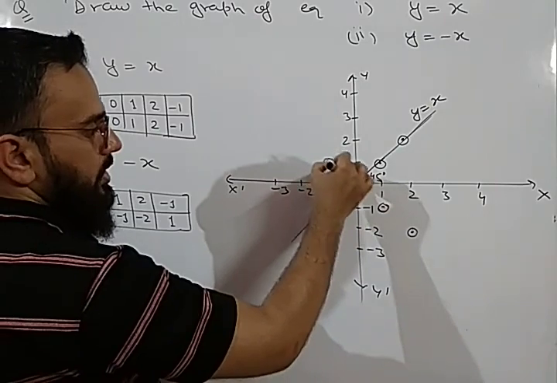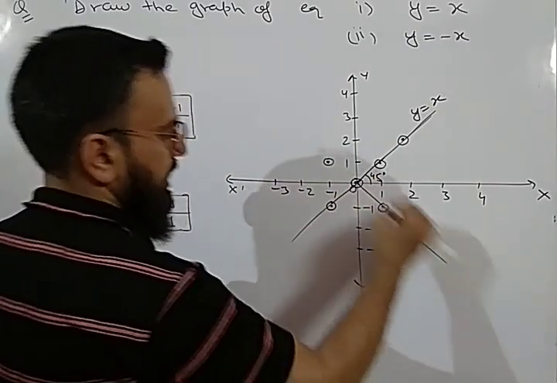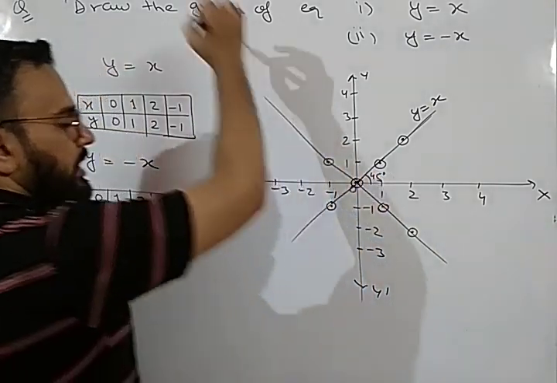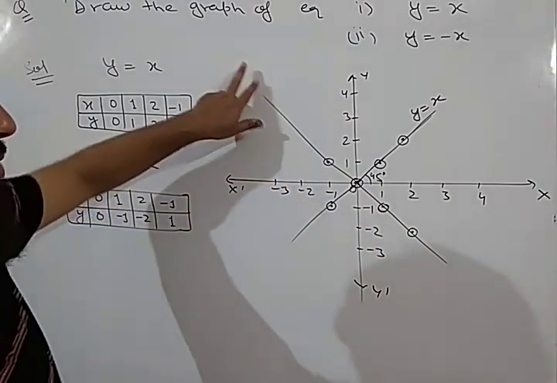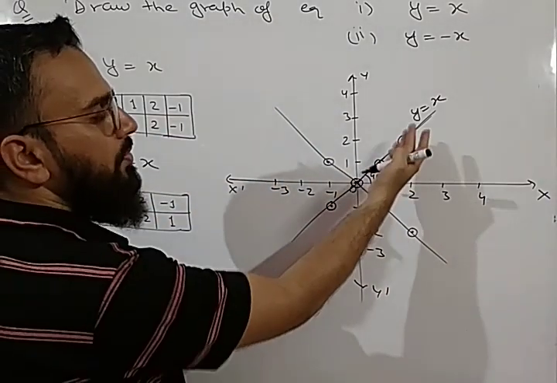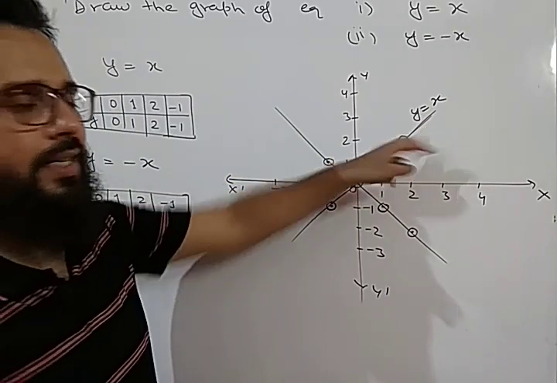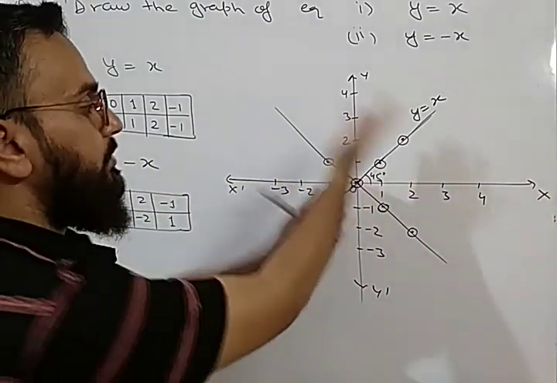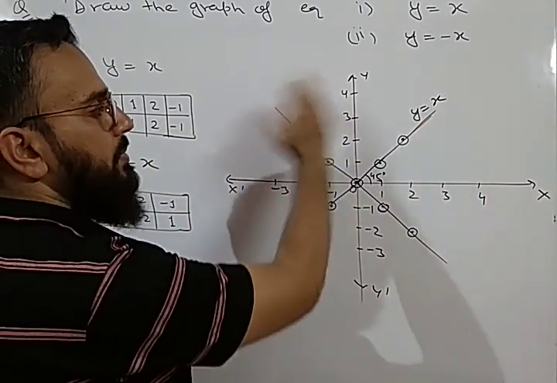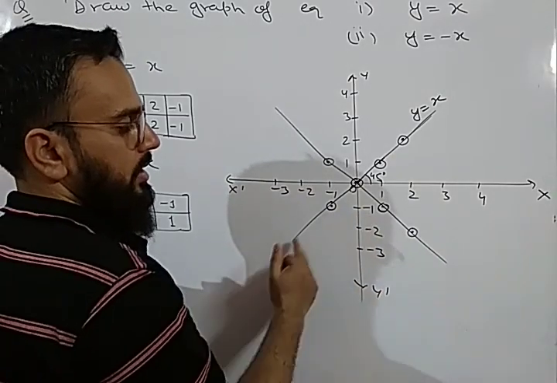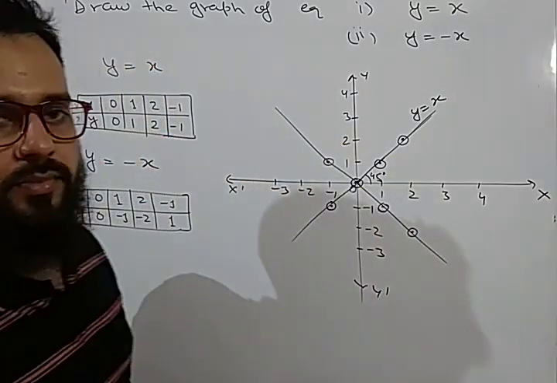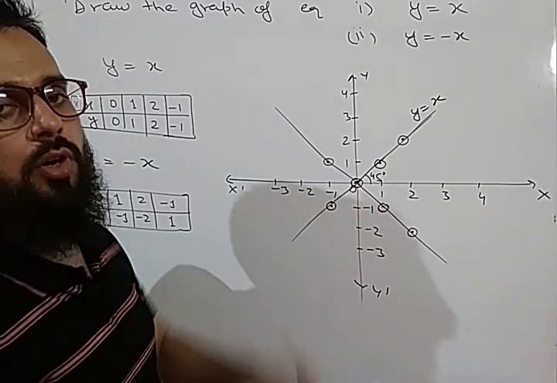If we join all these points, it is again a straight line, but on the opposite side, or we can say the mirror image of the first line. This point is coming to this point, and this point is coming to this point. Both the lines are mirror images of each other.